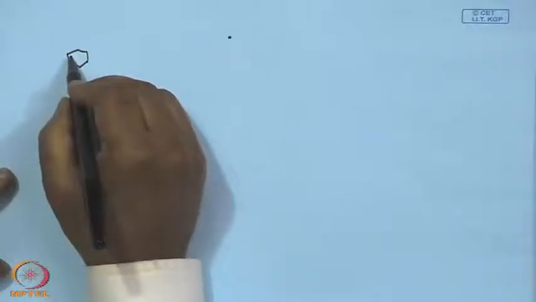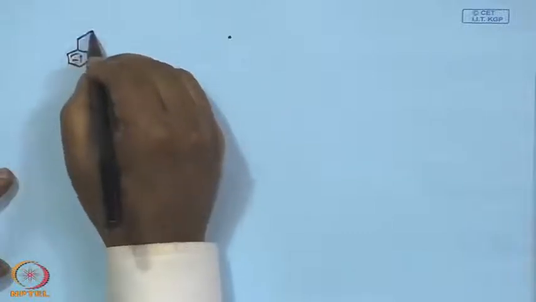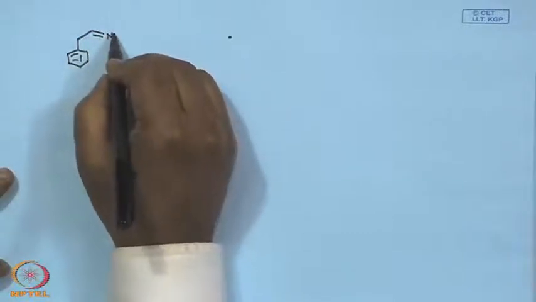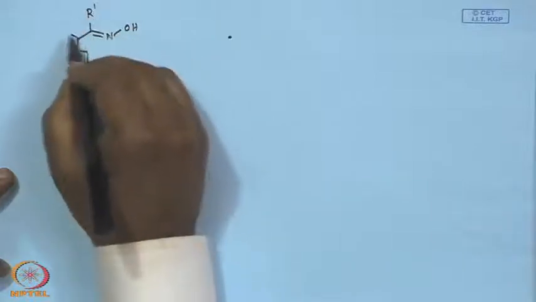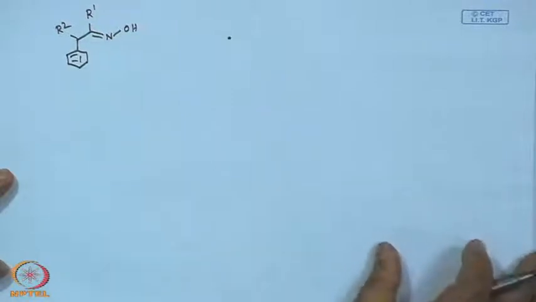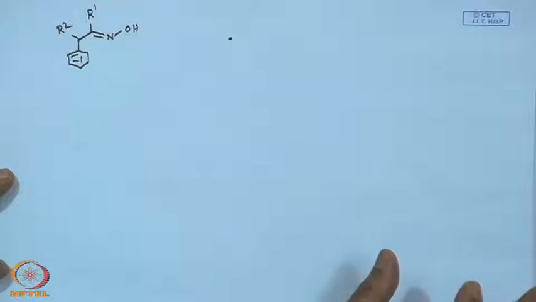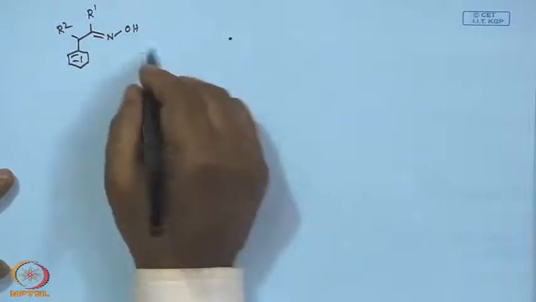One way is to make an oxime. All of us know how to make an oxime, right? Corresponding ketone and hydroxylamine hydrochloride is a very good reaction, and it is a standard reaction for derivatizing ketones, so there is no problem.